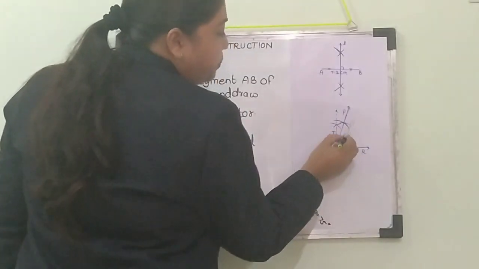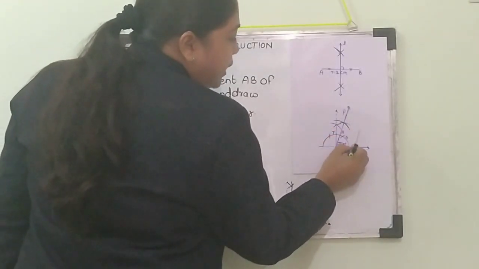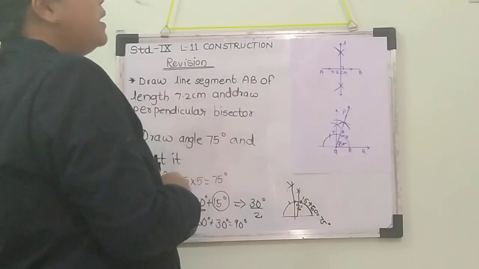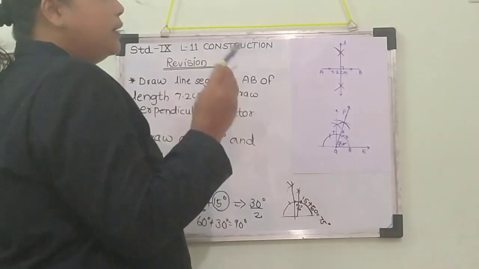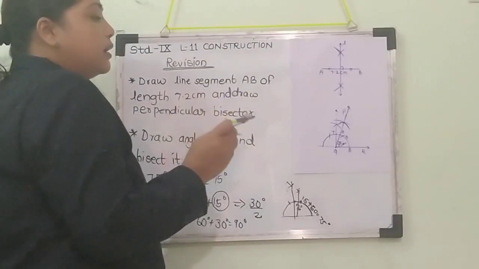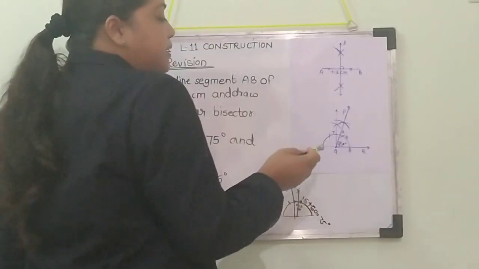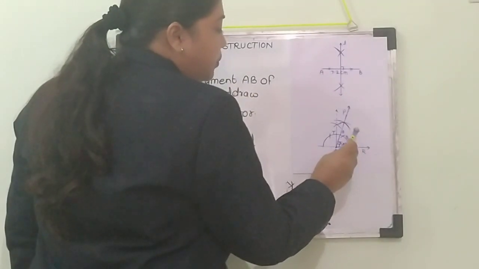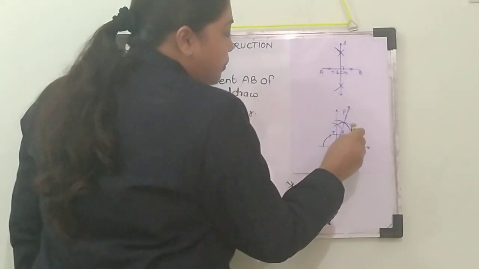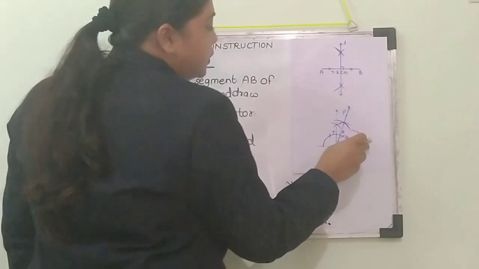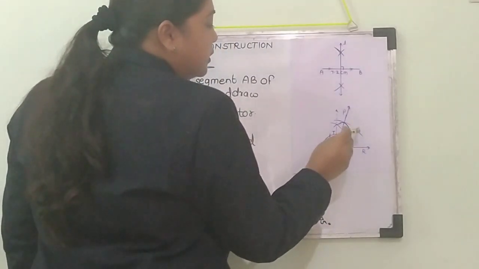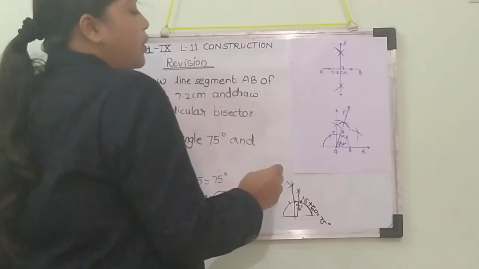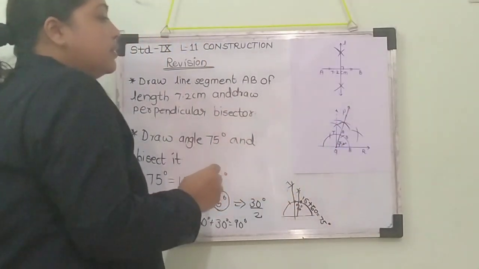Here we can put point as A and here we can take point as B. So from A and B we are going to draw the arcs. So we get the bisector of 75. So here from B point we can draw one arc. With same distance we draw from point A the arc.